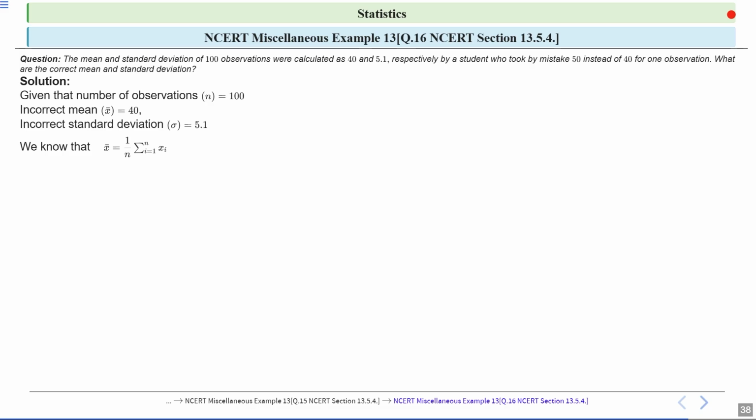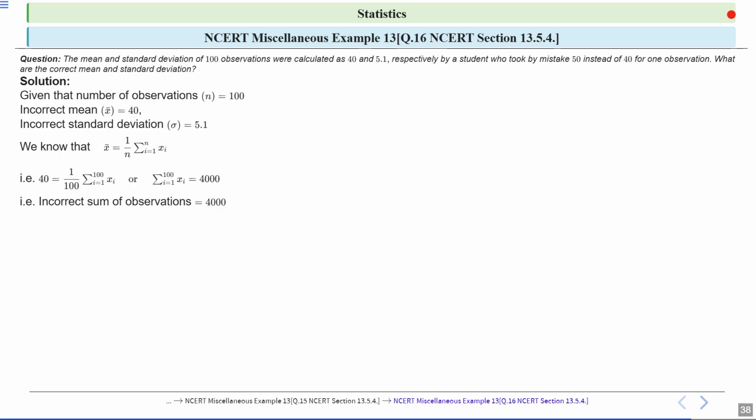So we know that the formula for the mean x bar is equal to 1 divided by n times summation from i equal to 1 to n of xi. By substituting the values into the formula, 40 equal to 1 divided by 100 times summation from i equal to 1 to 100 of xi, or summation from i equal to 1 to 100 of xi is 4000.